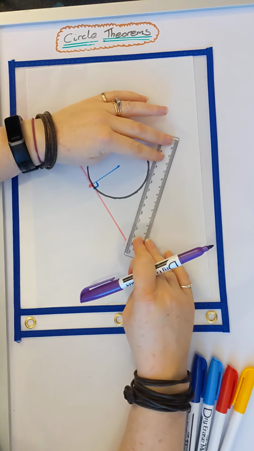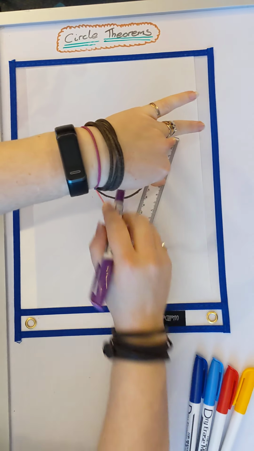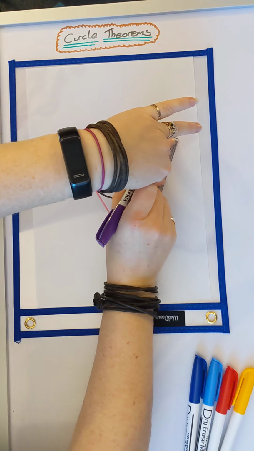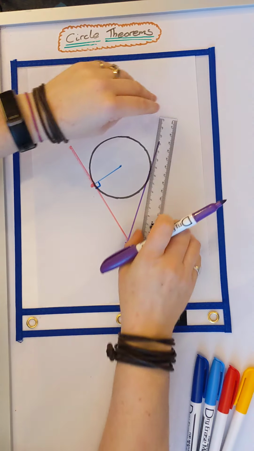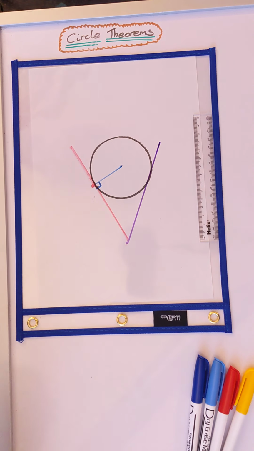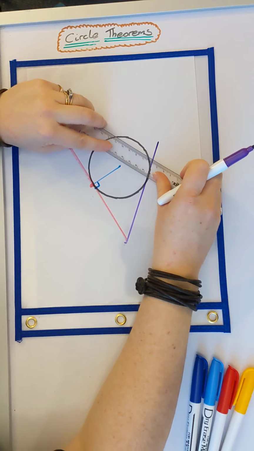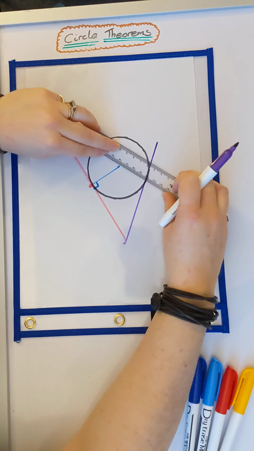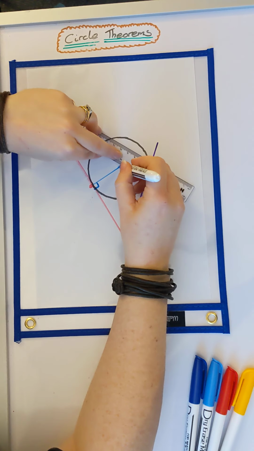So if I draw on another one, and I am deliberately trying to make this, there we go. So there's our tangent and its radius. Helps if I get it straight, doesn't it?